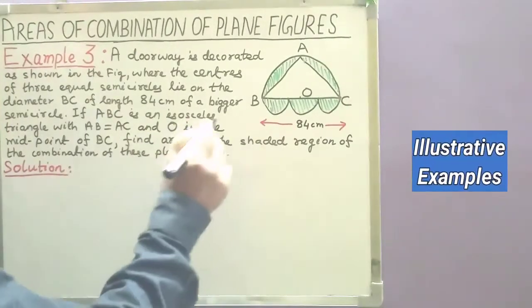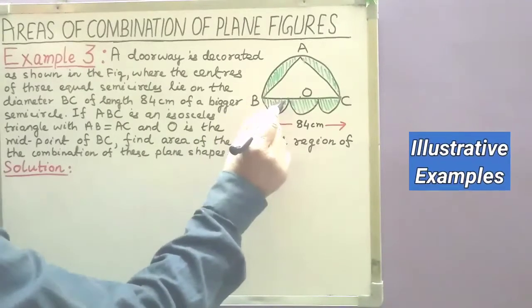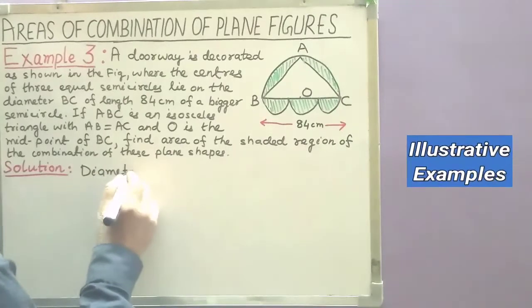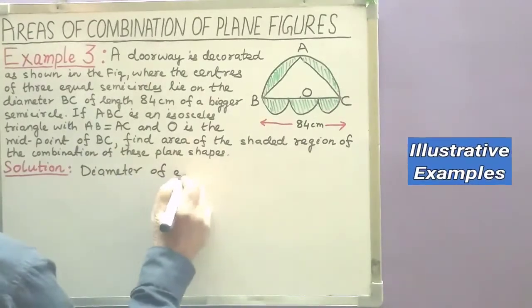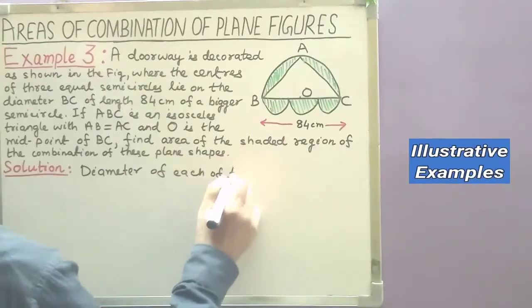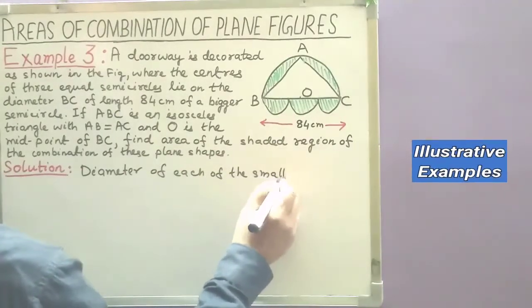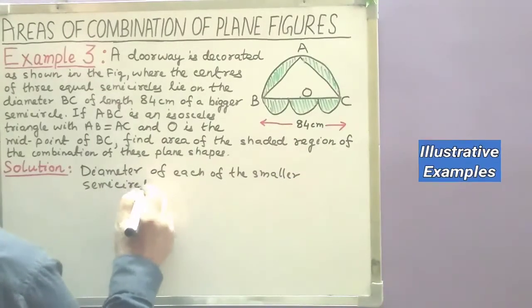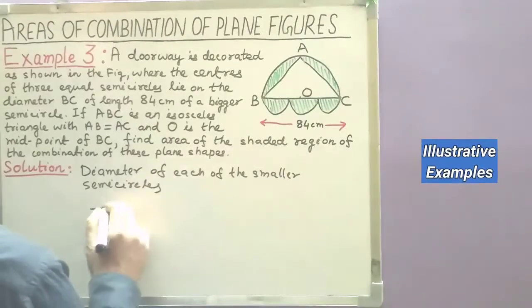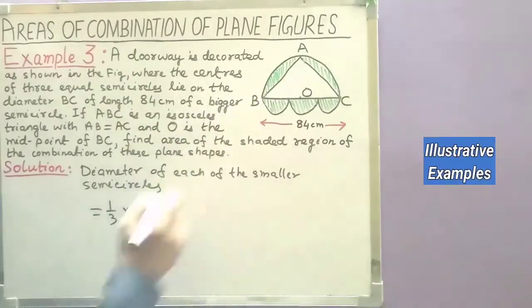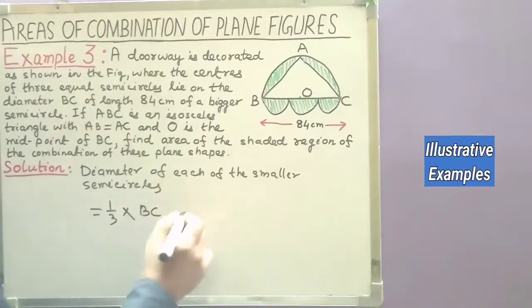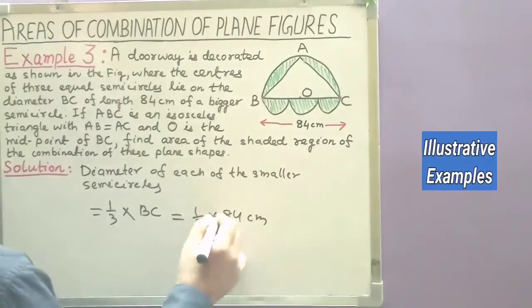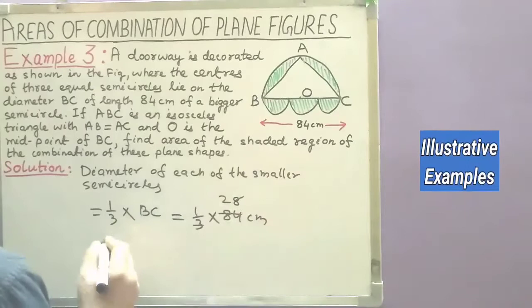Since it's given that the centers of three equal semicircles lie on the diameter BC of the bigger semicircle, we have diameter of each of the three small semicircles is equal to 1/3 of BC, that equal to 1/3 into 84 centimeter.